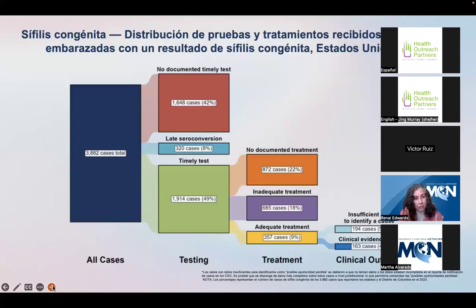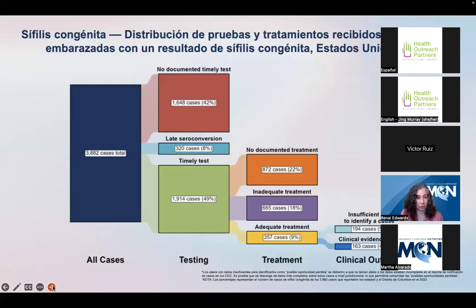If you move over now to the right, the first column, in the orangish red box, there are 42% of cases of those who didn't have a timely test reported. And in the little blue bar underneath, those who had a seroconversion later in their pregnancy. So perhaps they did have a test in their first trimester, but then became infected later on. Perhaps they went back to a partner or they got a new partner.